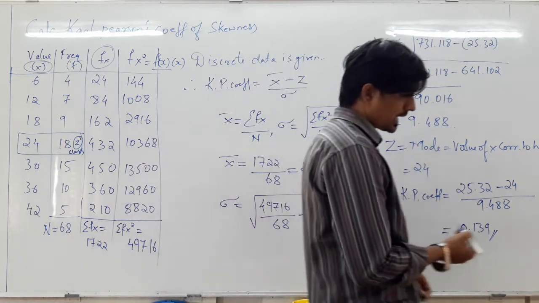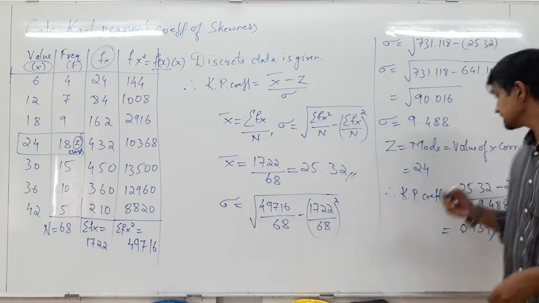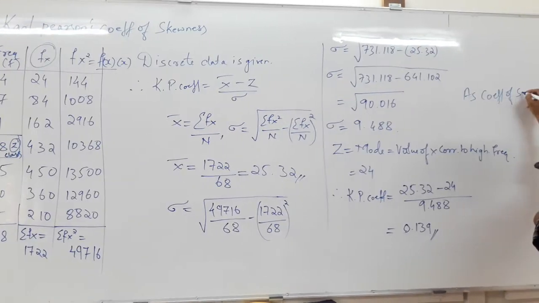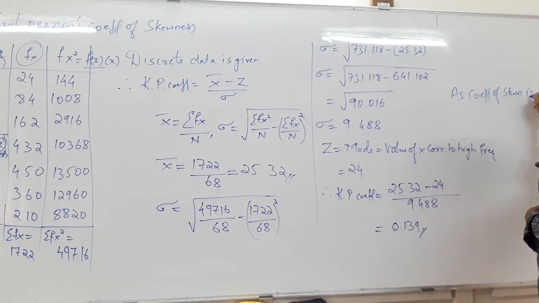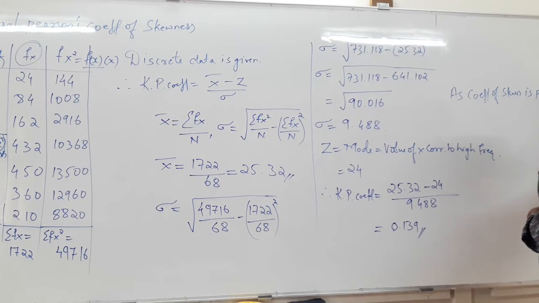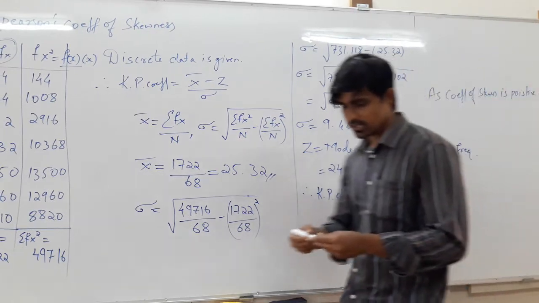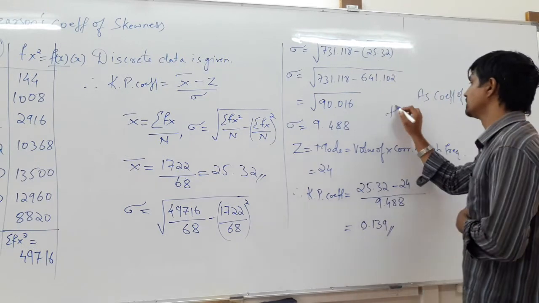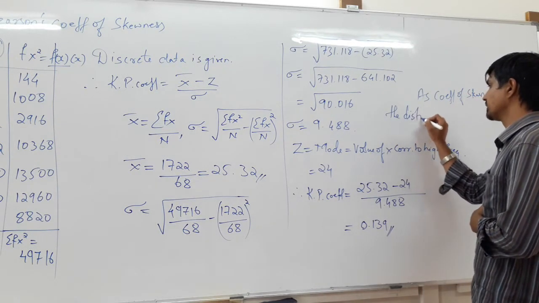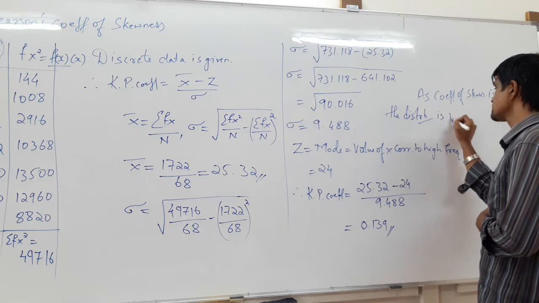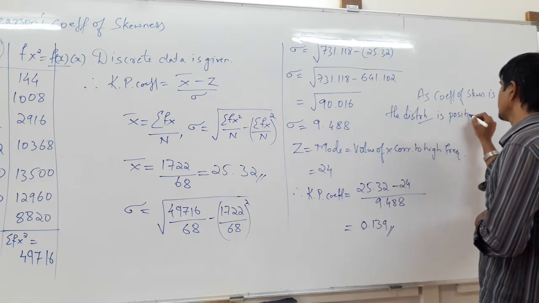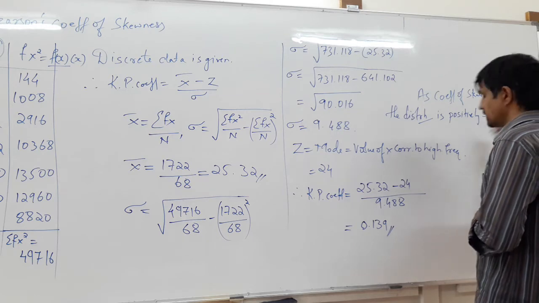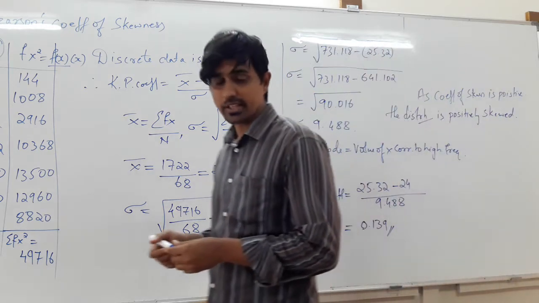So we have to write: as the coefficient of skewness is positive, the distribution is positively skewed.